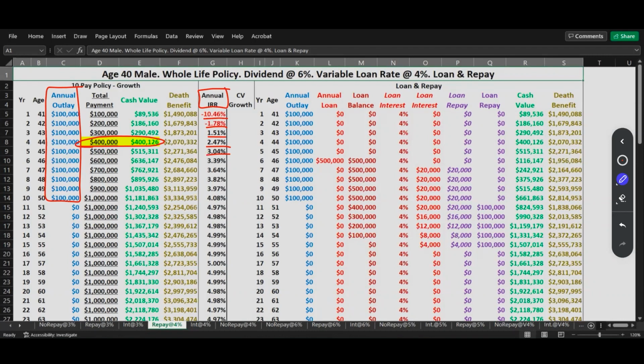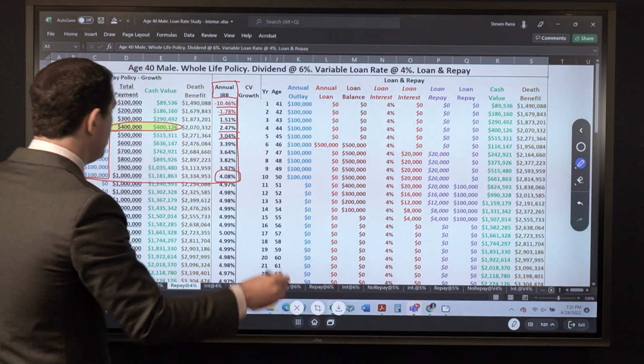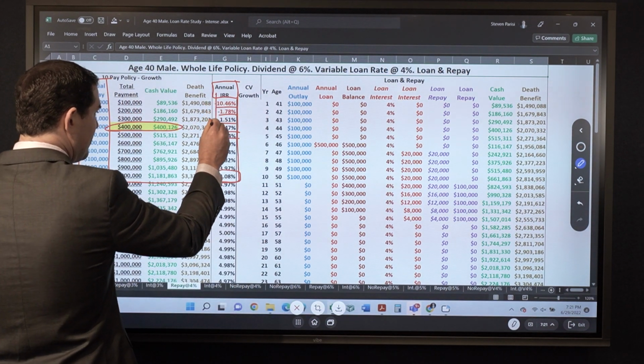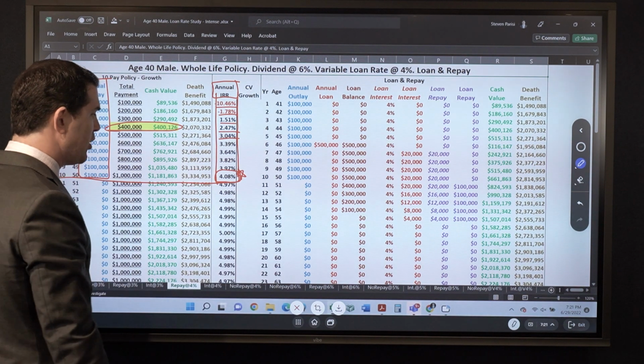We'll do the same thing with the 5 and 6% fixed rates when we get to those. So if we look at this, the annual IRR, when do I hit 4%? Year 10 in this example, assuming the dividend does not change at all, which it will. And really what's important is tracking the actual performance, which we've got other content on. But when I look at the annualized IRR, year 10, I've got 4.08%.